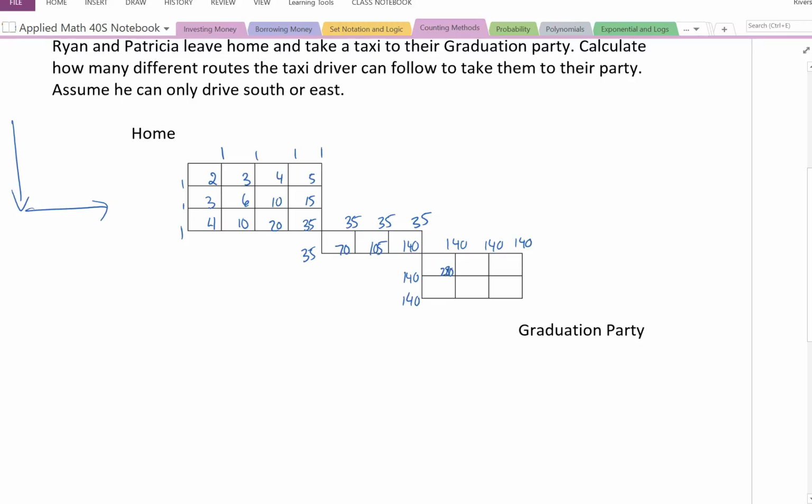The numbers get bigger, but the method is the same. Hopefully you can read that. 840, this would be 560, 560 plus 840, you still get the 1,400 routes.